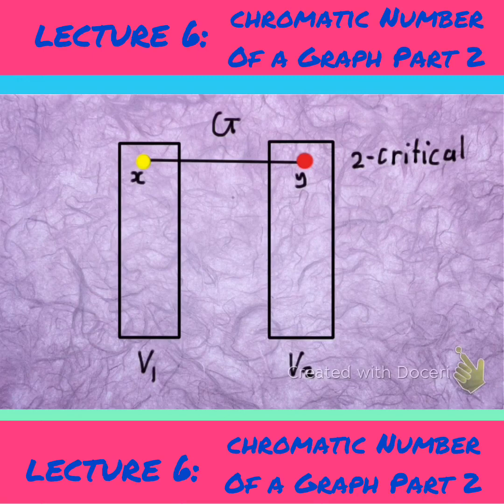If I delete, say, X, then you can see that the chromatic number goes down. Likewise, if I delete that, the chromatic number goes down. If I delete the edge, the chromatic number goes down. So therefore, K2 is the only 2-critical graph.